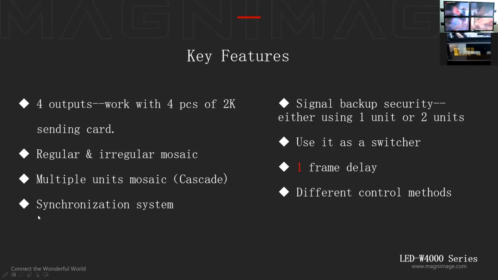And there's a synchronization system, signal backup security, either using 1 or 2 units. Or you can use it as a switcher. Another great thing for this one is it has only 1 frame delay. And we offer different control methods. Later on, I will show all of you.